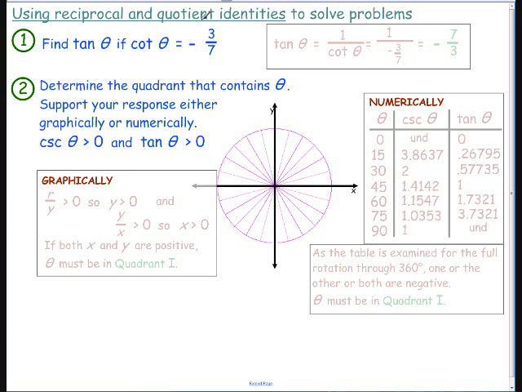Using reciprocal and quotient identities to solve problems. Now there are other ways we could solve this particular problem, but in this section you are to use identities to solve the problems.